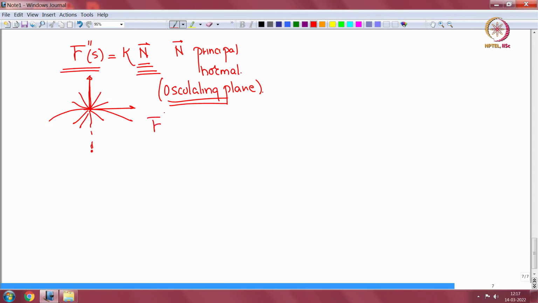Okay, r dash of s and n are opposed, in which case kappa will be a negative quantity. You can see that r double dash of s turned out to be minus j.